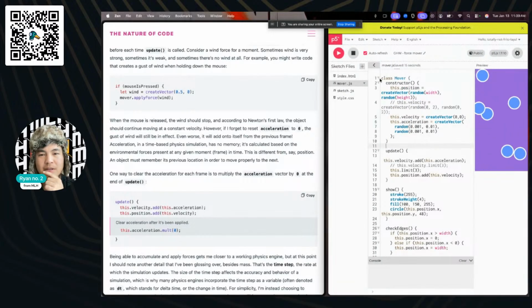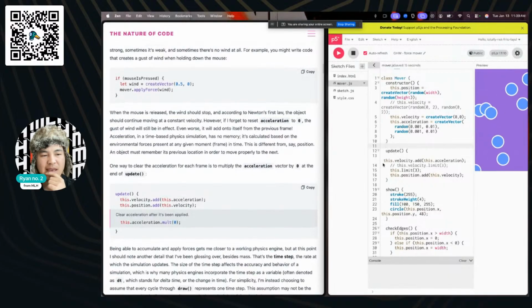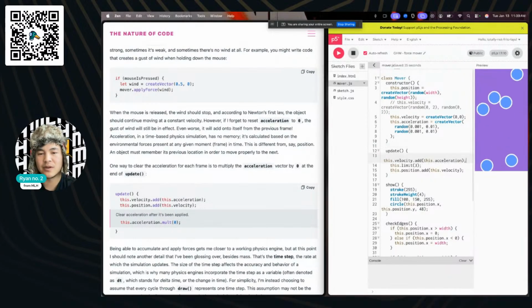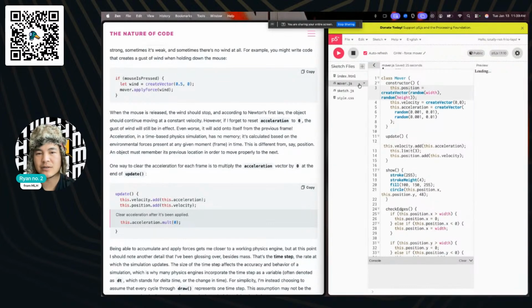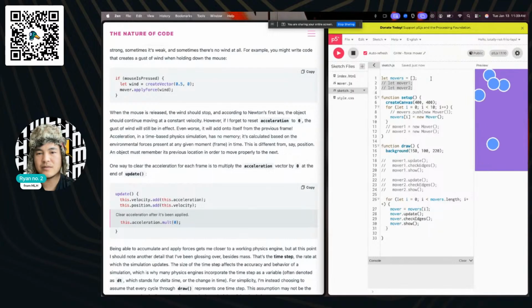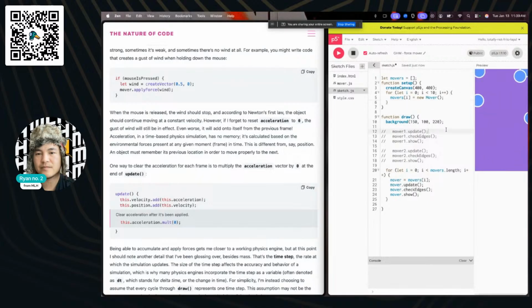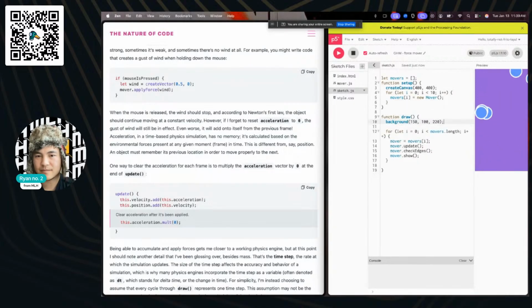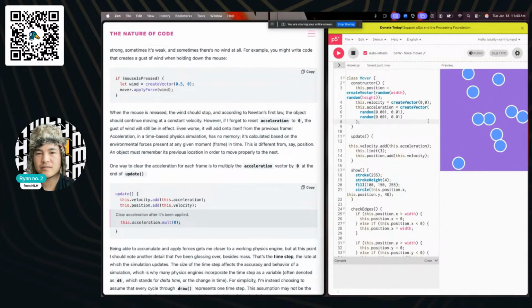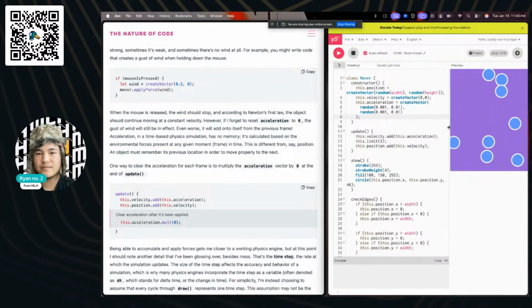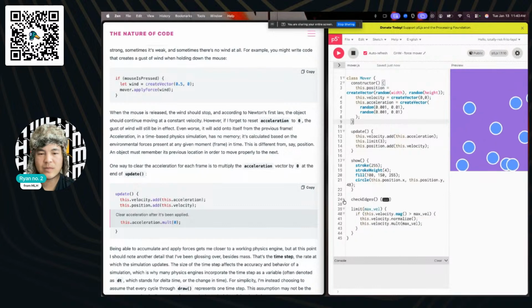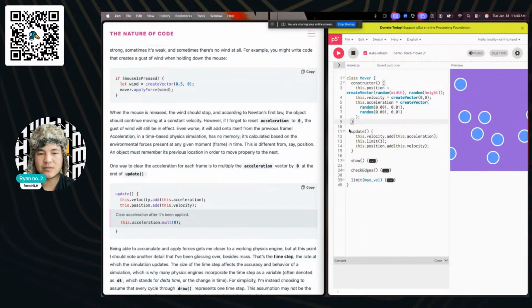So let's go ahead, pop in here, and update our update. I'm going to actually remove all of these comments. So we don't need those anymore. That's all dead code. Okay, check edges, limit is fine, show is fine.